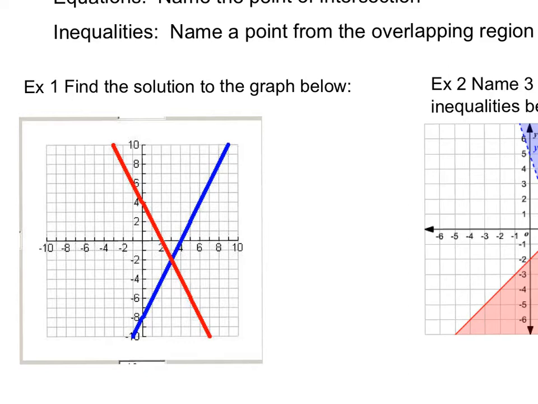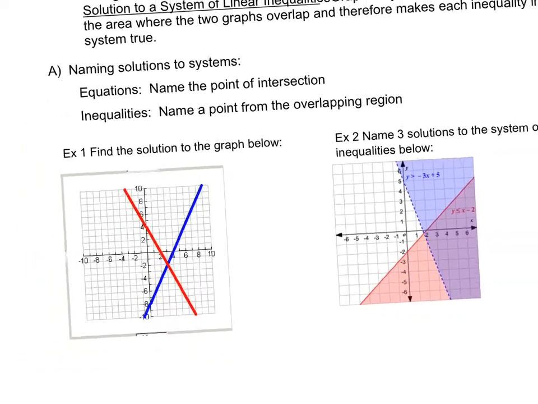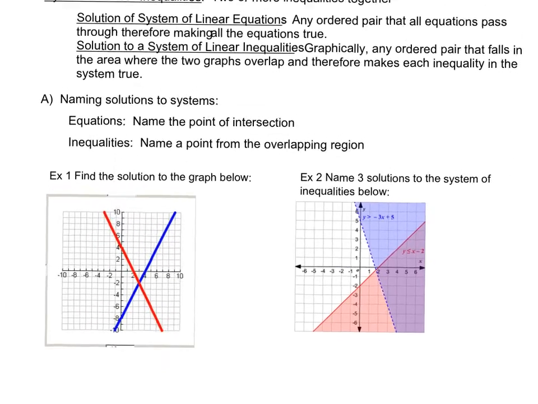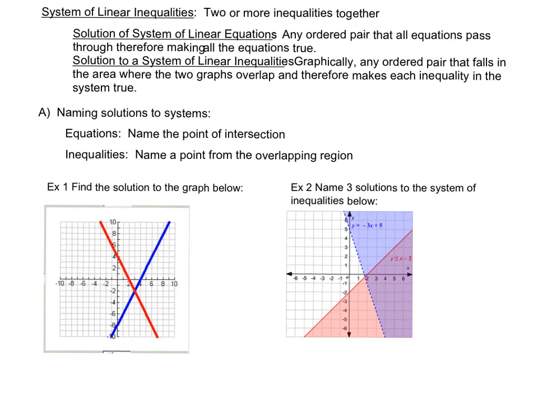And it looks like I move over 1, 2, 3, and then I move up or down, in this case down, 1, 2. So I'm going to go ahead and name my point 3, negative 2, because I moved over 3 and I went down negative 2.